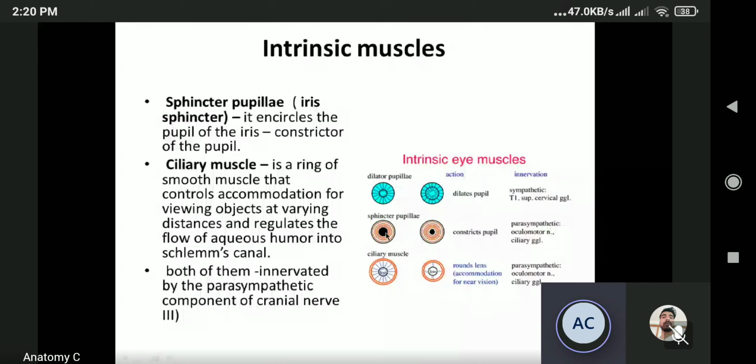The sphincter pupillae is surrounding the pupil like this, whereas the dilator runs radially. It constricts the pupil and is supplied by the parasympathetic oculomotor nerve, that is 3, via the ciliary ganglion. Whereas the ciliary muscle helps in accommodation reflex, and it controls the flow of aqueous humor into the canal of Schlemm. So this is about the intrinsic muscles.